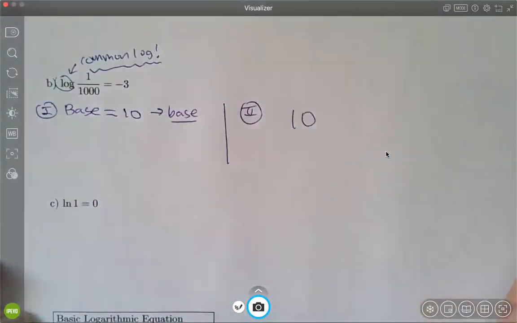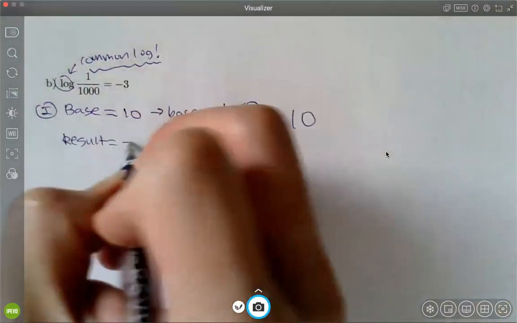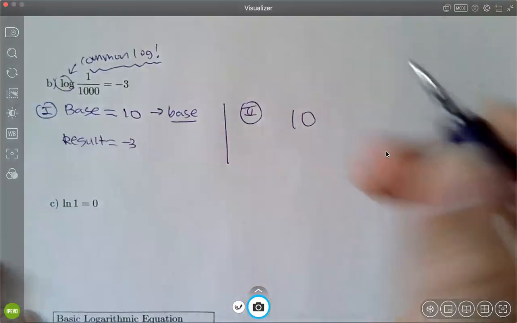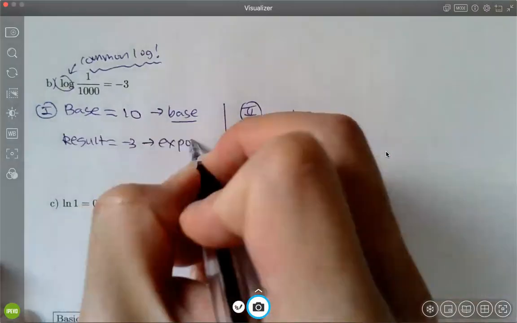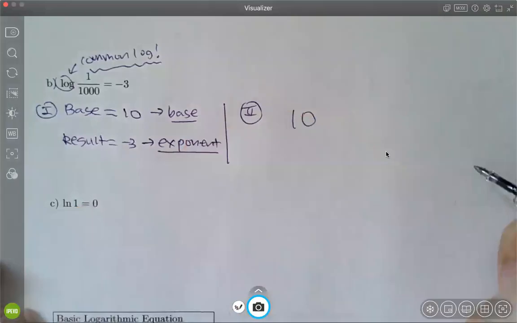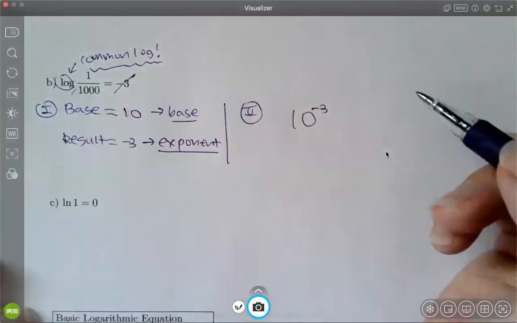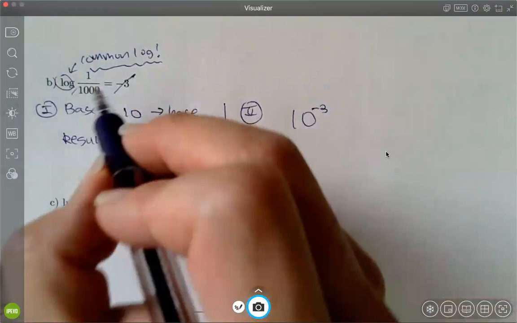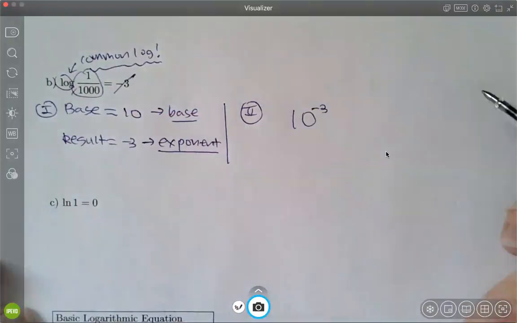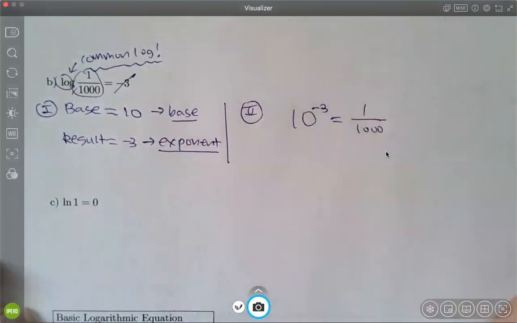And now we look at the result, which is -3. And that becomes the exponent, right? So we have 10 to the power -3. So we took care of -3 and we took care of this base. And we are left with what? That 1/1000, right? So what does that mean? Equals 1/1000. Okay, that's it.